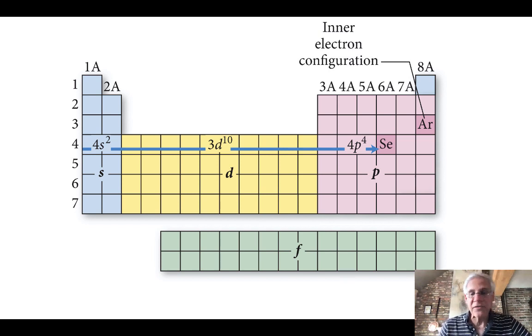We're going to use noble gas notation here again. I'll change color here to blue. So we're going to go argon, and as we pass through, we've got to go through the S block again, and we've got to go through both of those S block elements, so we're going to fill in both electrons from the S block. We're in period 4, and so it's going to be 4s2.